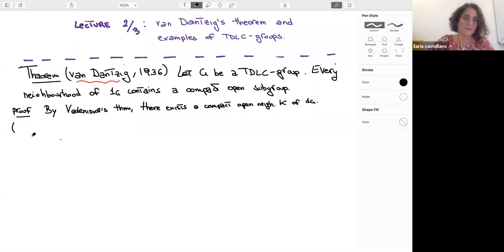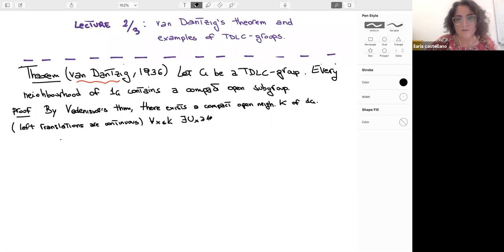Let's use all the properties coming from G being a topological group. So we have that left translations are continuous. So this implies that whenever I choose an x in K, I can always find an open neighborhood of the identity, U_x, so this one is open, such that xU_x is contained in K. Now I want to make this set even smaller.